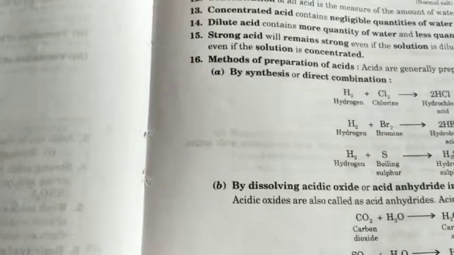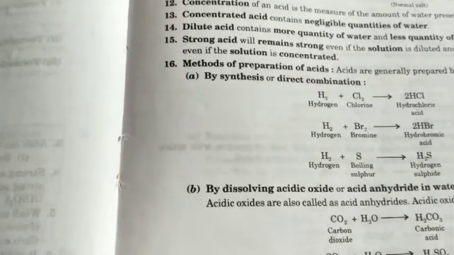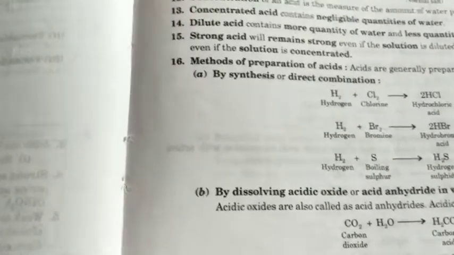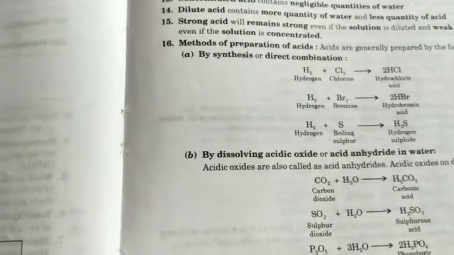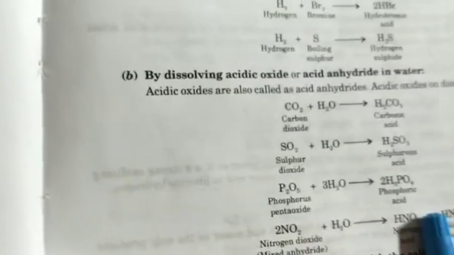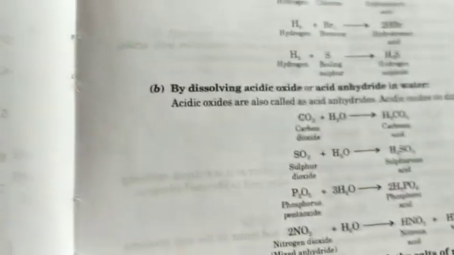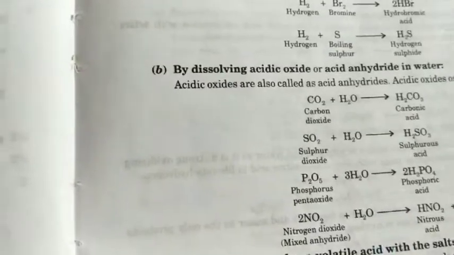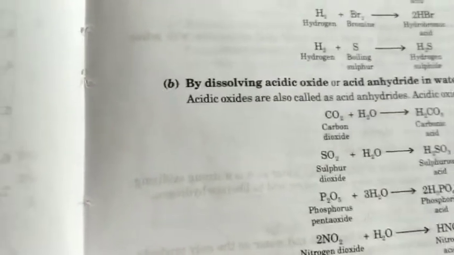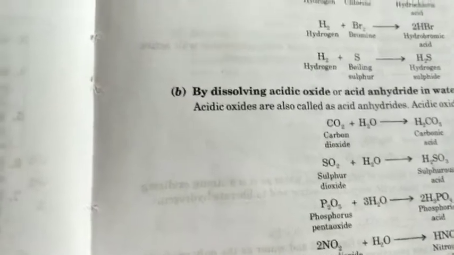Next example, when sulfur dioxide reacts with water, then sulfurous acid forms. When phosphorus pentaoxide reacts with water, then phosphoric acid forms. In this way you prepare the different types of acid. When nitrogen dioxide reacts with water, then nitrous acid and nitric acid form.